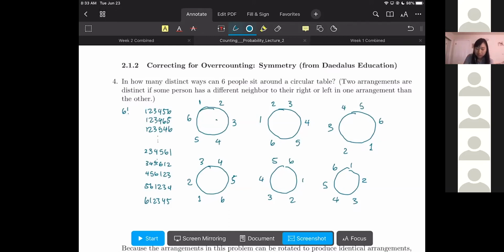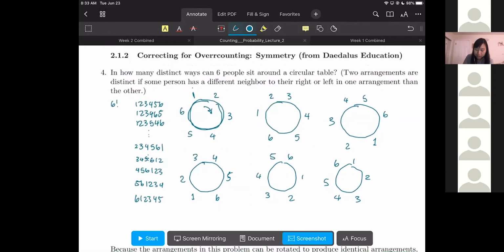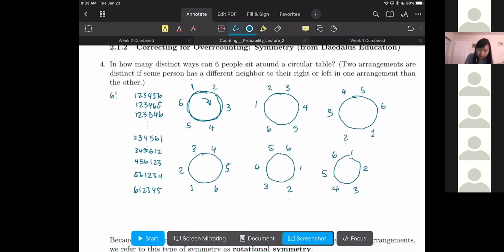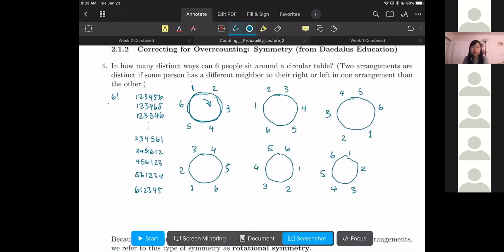We take one order and rotate it such that each person sits in the seat with the same arrangement. So to get the final answer, we divide 6 factorial by 6 to account for this rotational symmetry. Let me write down here, 6 factorial over 6 equals 5 factorial, which is 120.